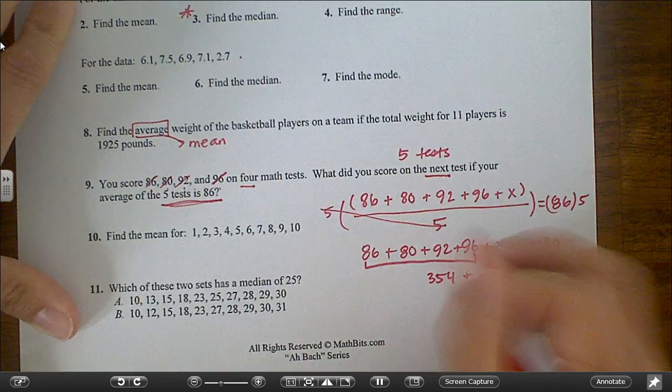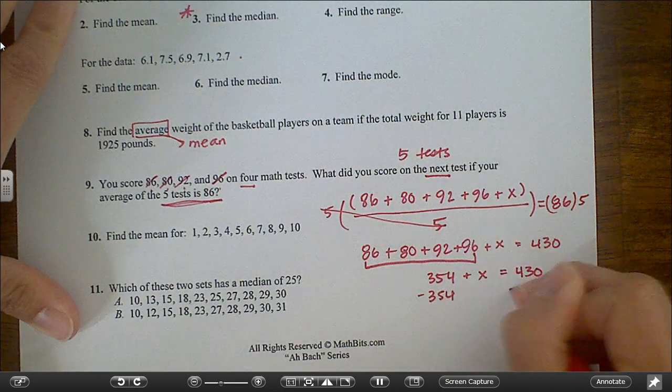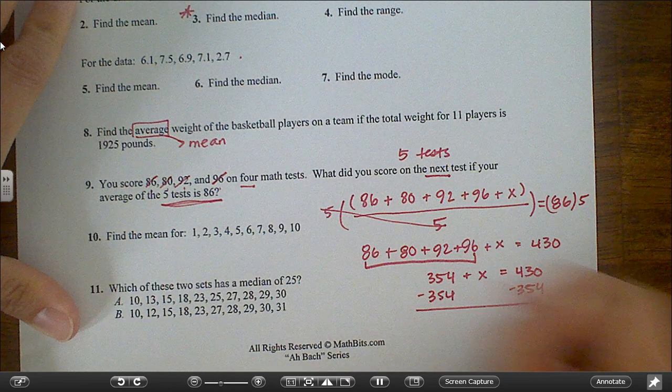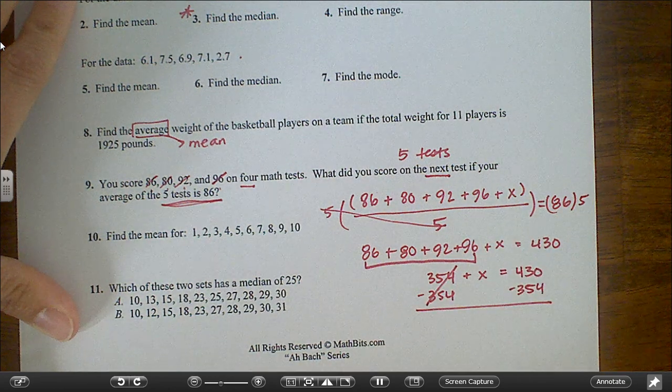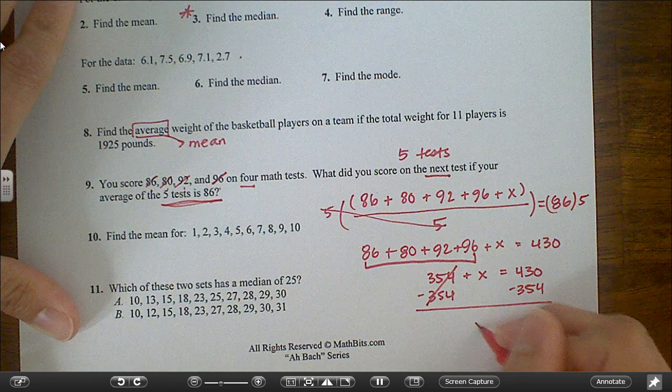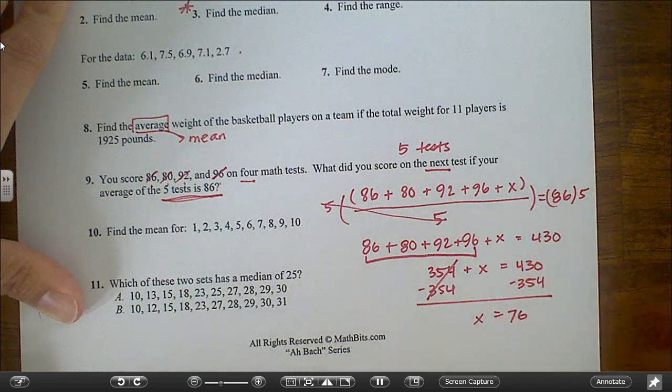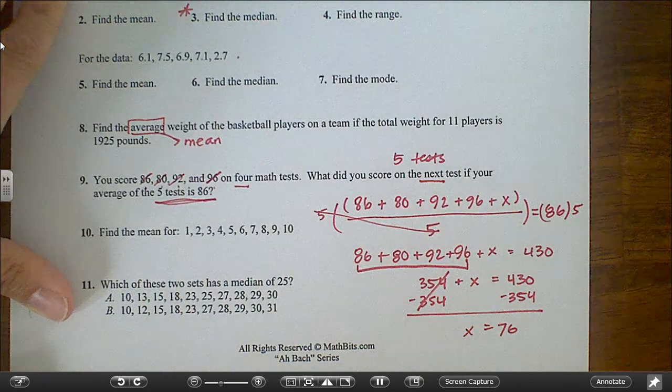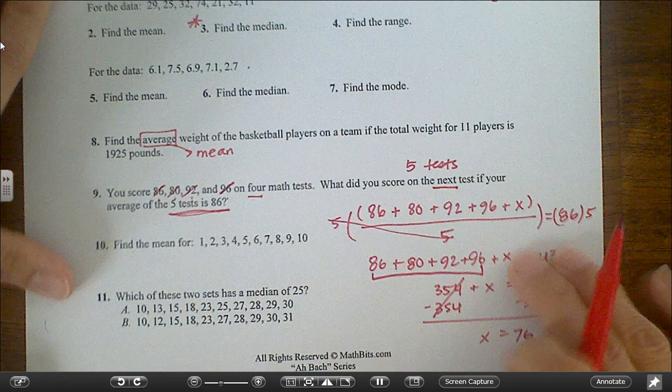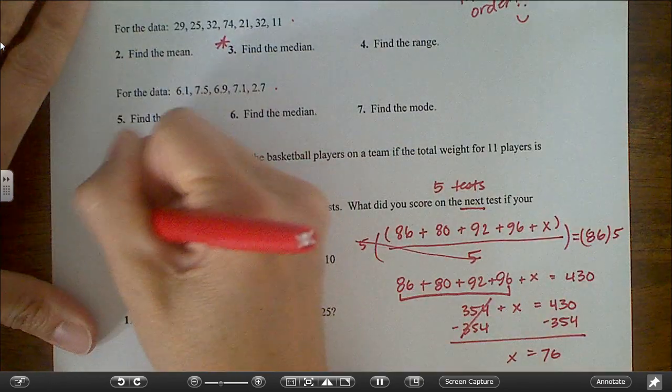And then, of course, the last thing you do is subtract 354 from both sides. So 430 minus 354 will give you X equals 76. So that's how you would do number 9. And then again, remember how to do these things. So 9 is 76.